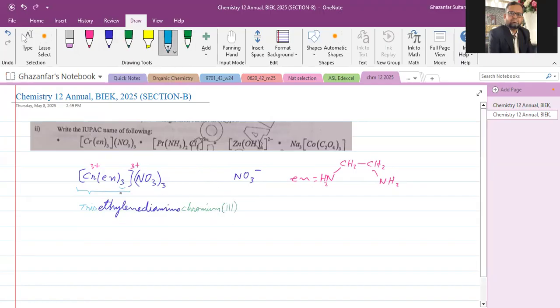And finally, with a gap, the spectator ion is written with a space, and we write nitrate. We will not write trinitrate. Nitrate is enough. So the name of this coordination complex is tris ethylene diamine chromium 3 nitrate.